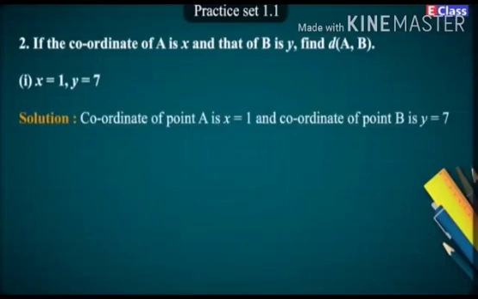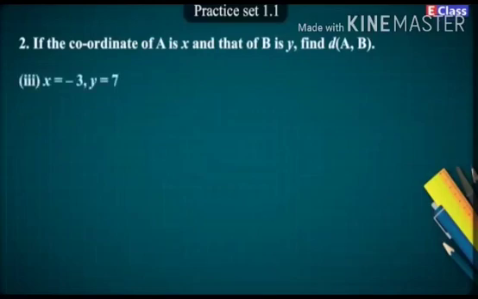Coordinate of point B, y, is equal to 7. 7 is greater than 1. Therefore, distance of AB is equal to 7 minus 1, which is equal to 6. Answer. Distance of AB is equal to 6.